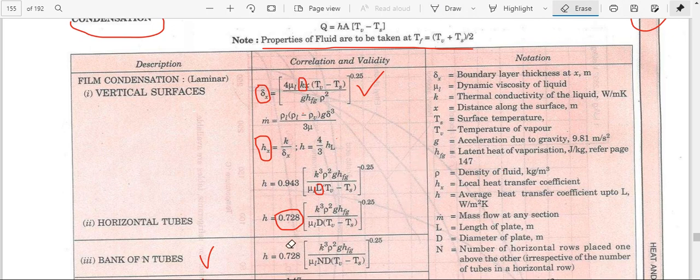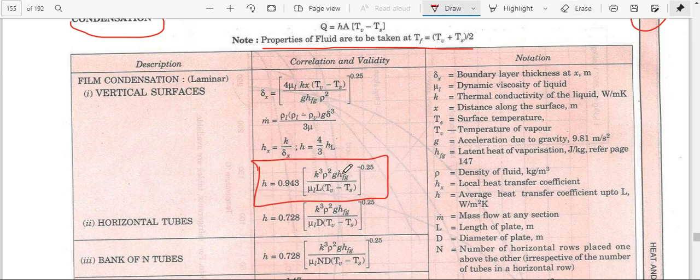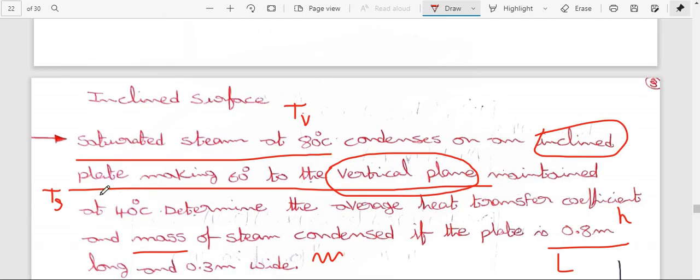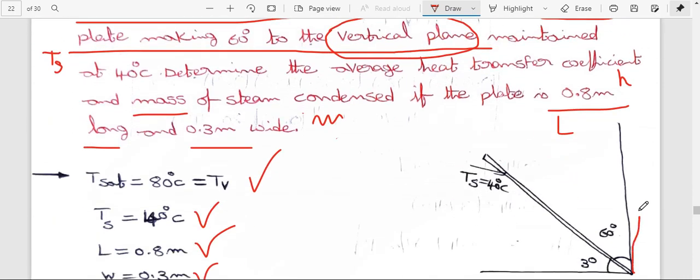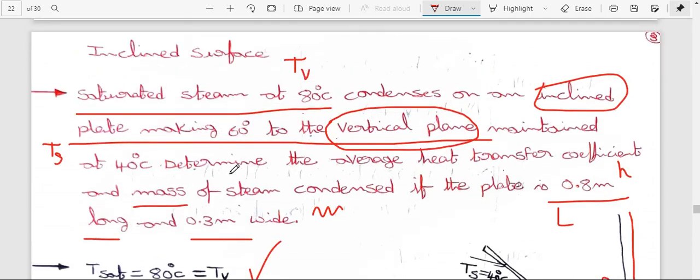That's why I am considering the vertical surface formula, that means H equal to 0.943 K cube rho square g hfg by mu L into Tv minus Ts, to the power one-fourth. Here the plate makes 60 degrees to the vertical plane, so 60 degrees to the vertical plane means this is the inclination angle of the inclined plate.